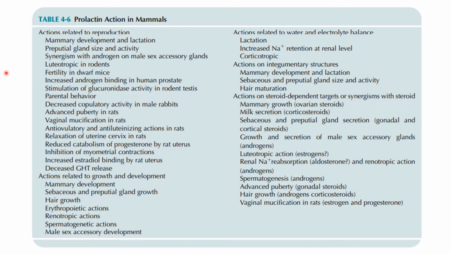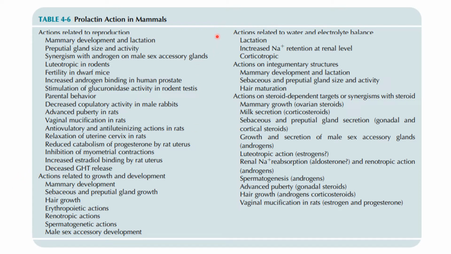So as previously mentioned, prolactin has an indispensable function in milk secretion. However, there are other functions that it helps in. Of course, with regards to reproduction, there is mammary development and lactation. It also aids in growth and development.